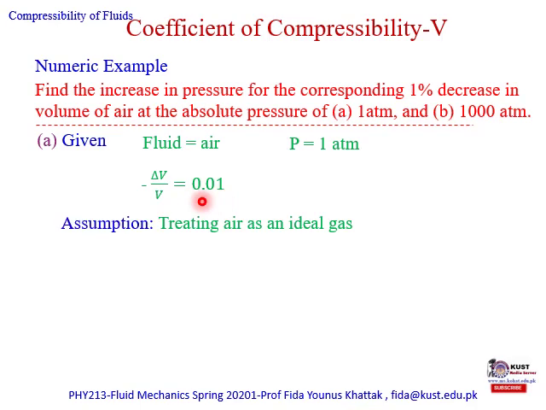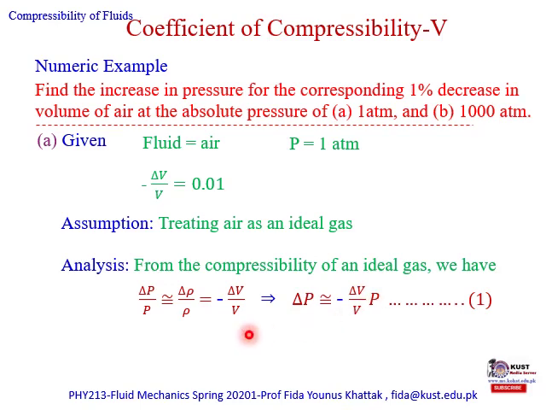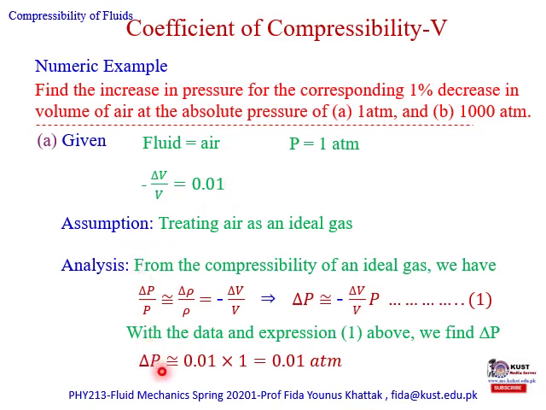We assume the air to be an ideal gas, and from the compressibility of an ideal gas we have delta P over P approximately equal to delta rho over rho, which is equal to minus delta V over V. Or we can write delta P approximately equal to minus delta V over V times P. If we put the values from the data given, we have delta P approximately equal to 0.01 multiplied by 1, which is equal to 0.01 atmosphere.